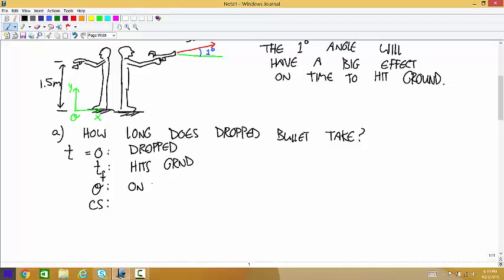So the origin is on the ground beneath the drop. And the coordinate system has the y-axis up and the x-axis horizontal.